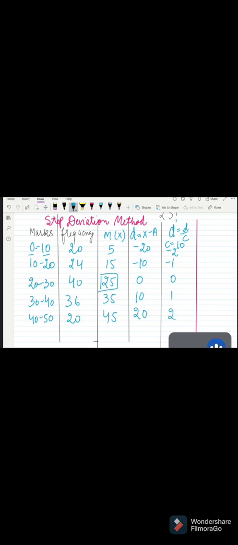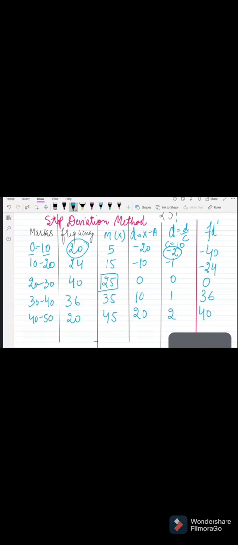The last step is to multiply the step deviation with the frequency. So that is FD dash, multiply frequency with d dash, that is 20 into minus 2. So this is minus 40, then minus 24, then 0, 36 into 1, 36, 20 into 2, 40, right?